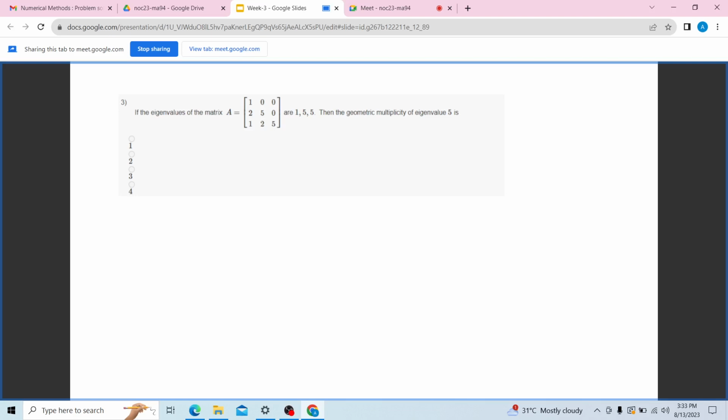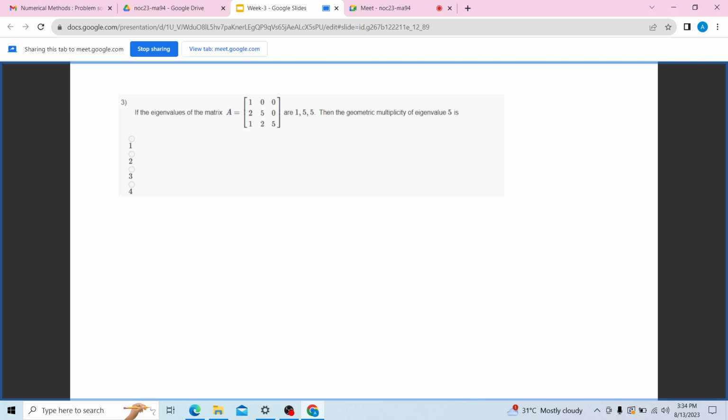You can use either method. Geometric multiplicity equals number of variables minus rank of the matrix.